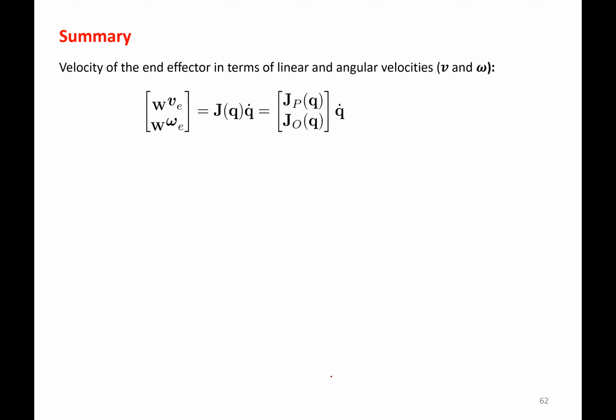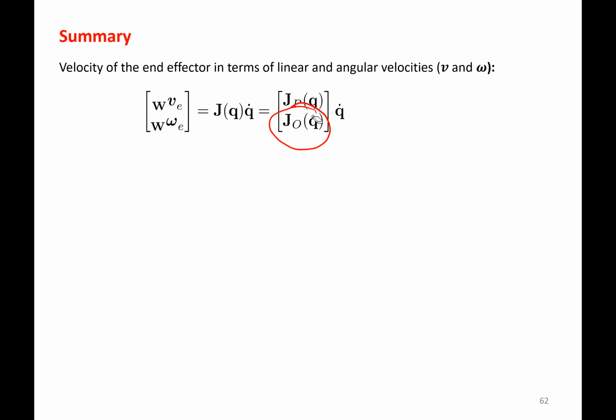So just to summarize what we've seen in this lecture, we want to find the linear and angular velocity of the end effector in the Cartesian space. We use the geometric Jacobian, which is made of both the linear contribution and the angular contribution to the velocity.